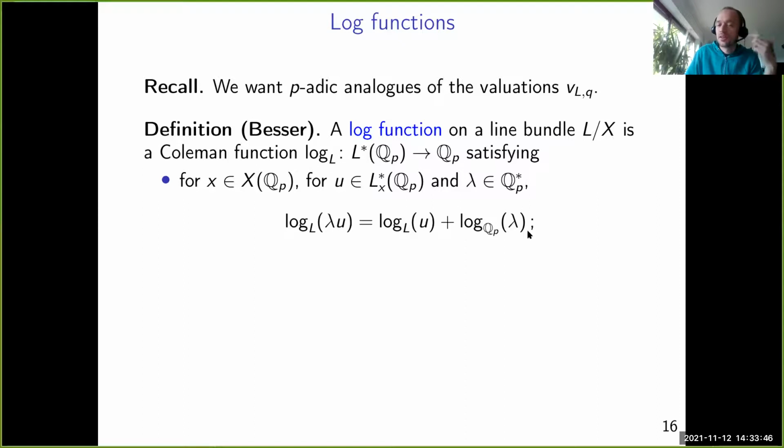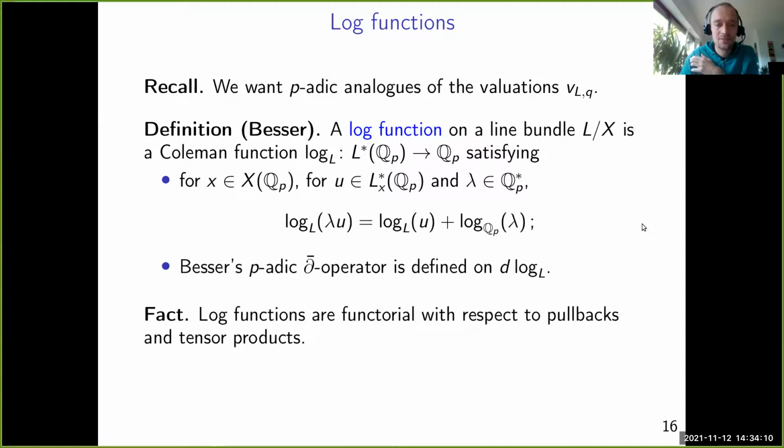If you think about it, that's because if the local component at p of the chosen ideal class character is this log Q_p, as we will impose later, then this will tell you that the height we want to define is actually independent of the choice of the vector. This is very much analogous to valuations.